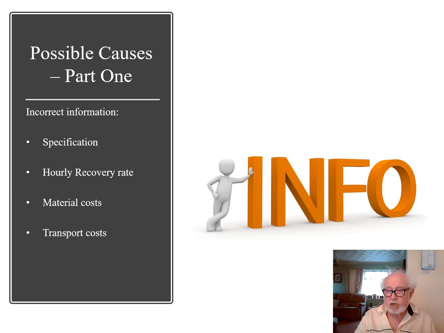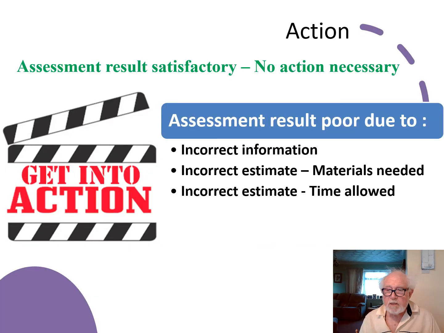If you are making a loss because the actual cost is above the estimated cost, you first need to check that all the information provided is correct and that estimated times allowed are consistent with the capacity of the machinery or equipment used in the manufacturing process. If the assessment result is poor, you need to follow the action program on the following slides.